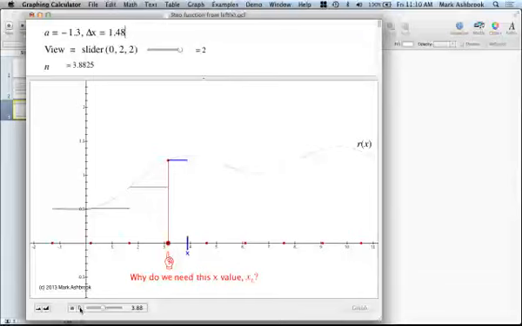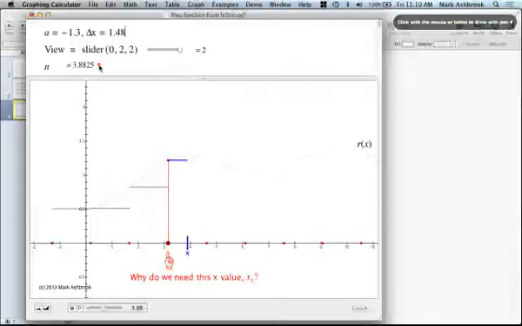Okay? So let's do this one right here. Find XL. Can you find XL right now, the way I have it set up? I've got an A of negative 1.3, delta X of 1.48, and the current value of X is up here.